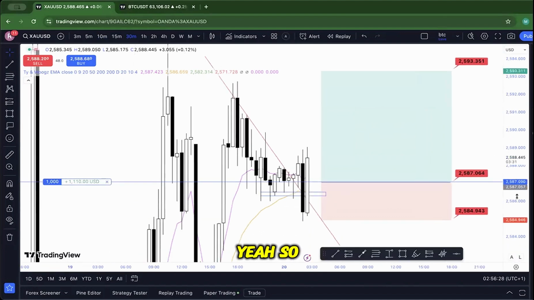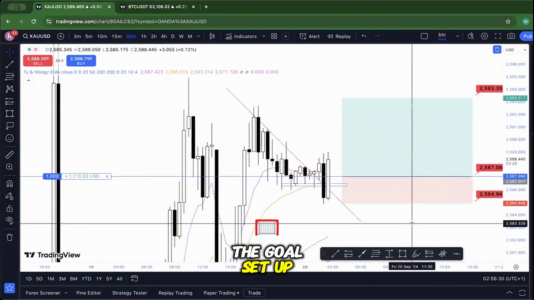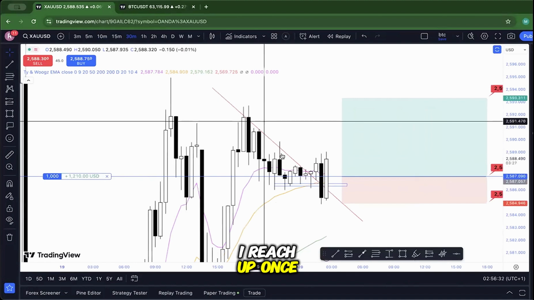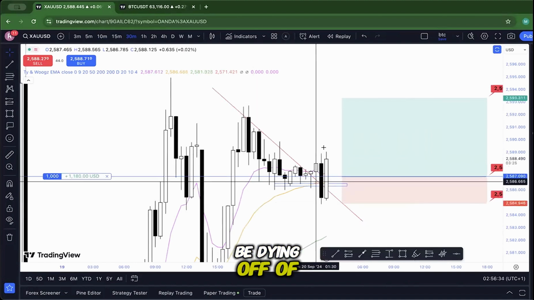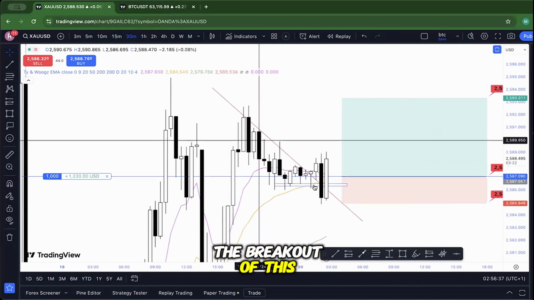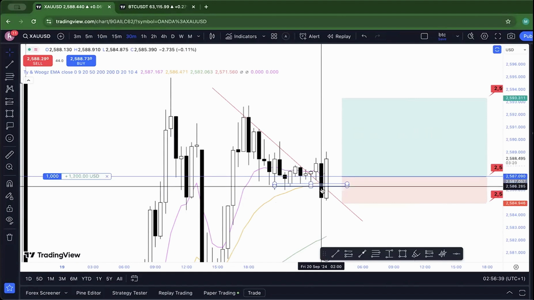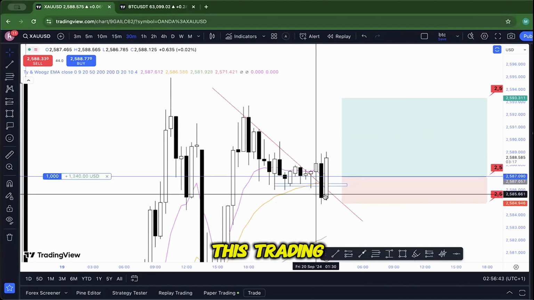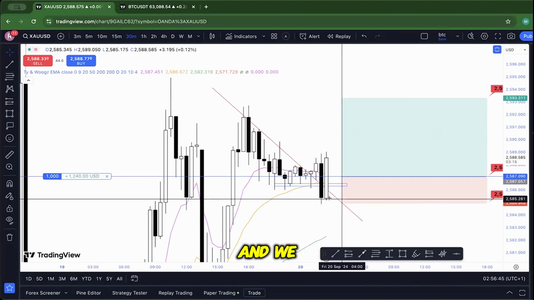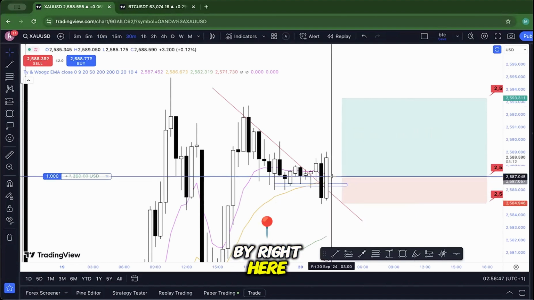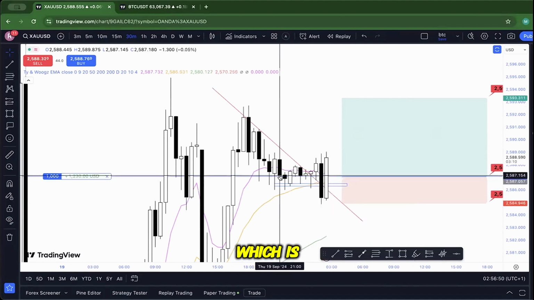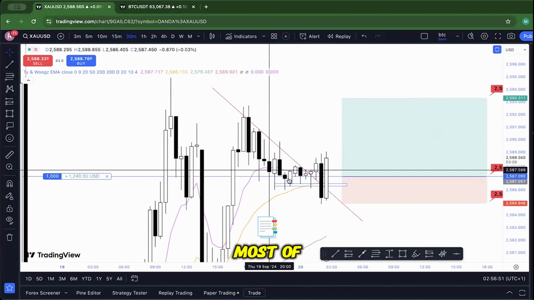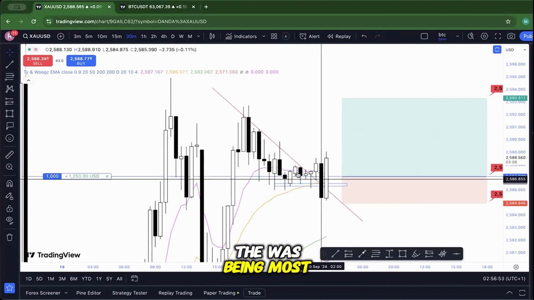Yeah. So basically, the gold setup that we took, once again, we got in off of the breakout of this trend, of this bear trend. We saw them grab liquidity at the bottom of this trading range, and we took a buy right here, which is where most of the orders were, where most of the trading range price action was.